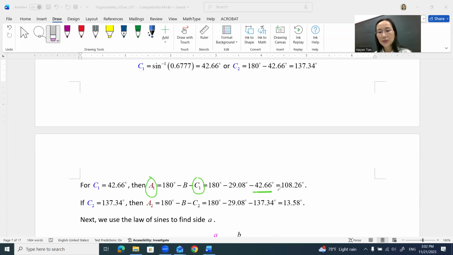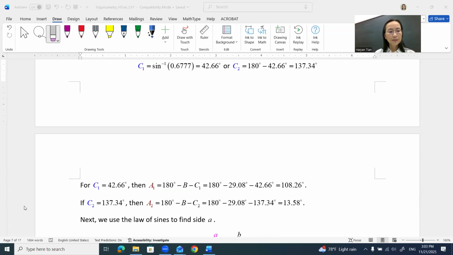When C is acute, we can get the angle A as an obtuse angle. And another possibility is when C is obtuse, when C is more than 90 degrees, and then we can find an A which is acute.